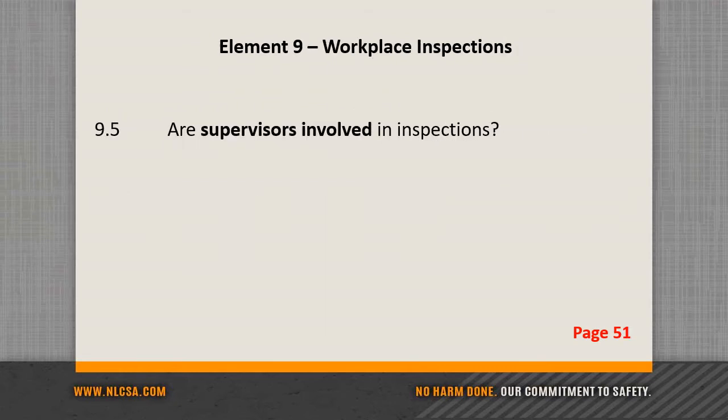9.5: are supervisors involved in inspection? Some of the things the auditor can do is check for signatures on the inspection reports to verify that supervisors are involved in a formal inspection process. This might be accomplished through active participation in workplace inspections or by reviewing and signing off completed inspection reports.